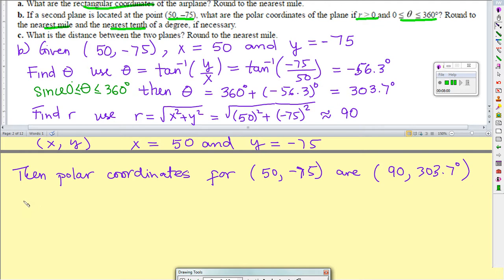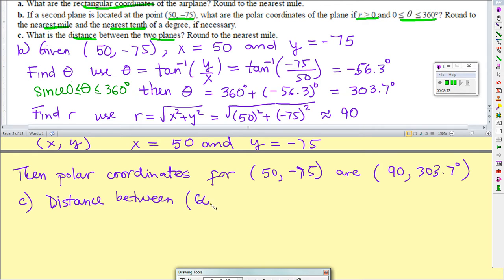Now let's move on to the last part, which is part C. On part C, we need to find the distance between the two planes. So let me write out the polar coordinates for each one.